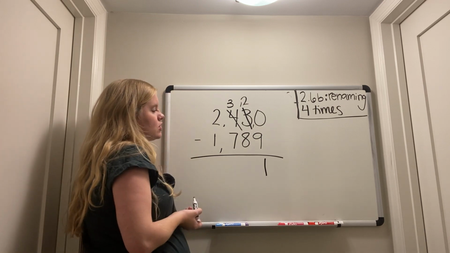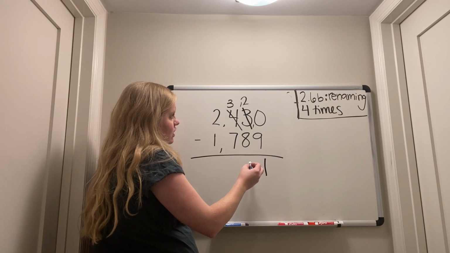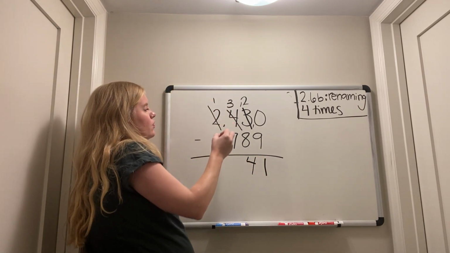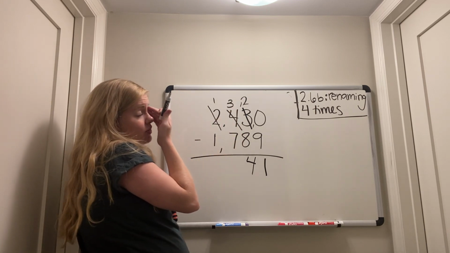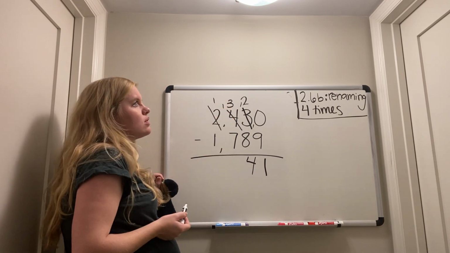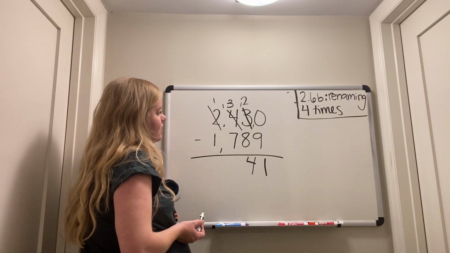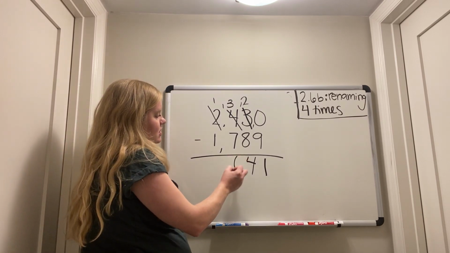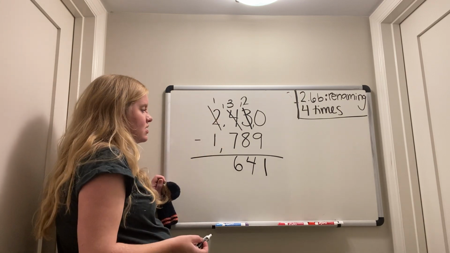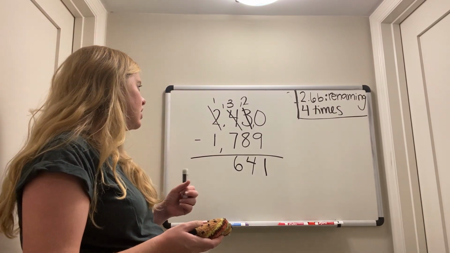This becomes a 120. 120 minus 80 is 40. You can't subtract 700 from 300, so we need to make this 2,000 a 1,000. This 300 becomes a 1,300. 1,300 minus 700 is 600. 13 minus 7 is 6. 1,000 minus 1,000 is nothing. So our answer, 641.